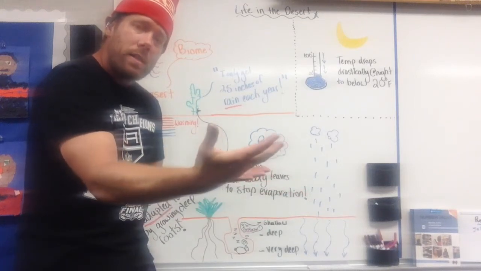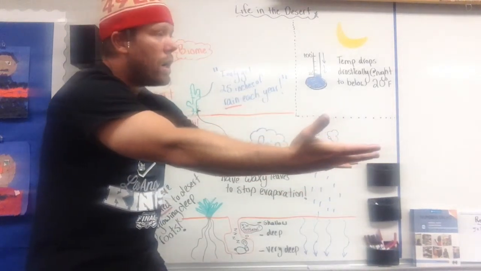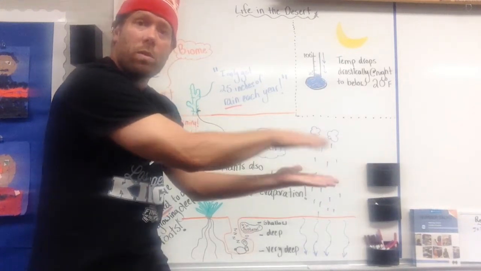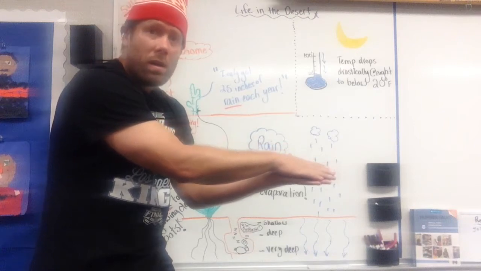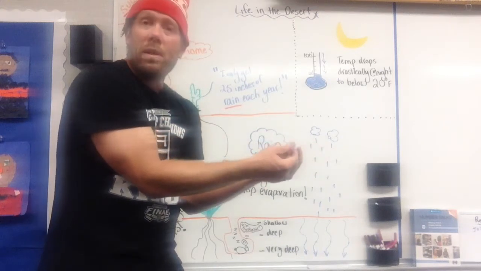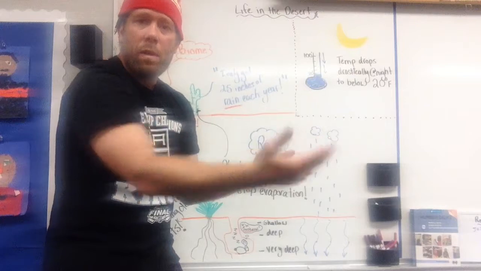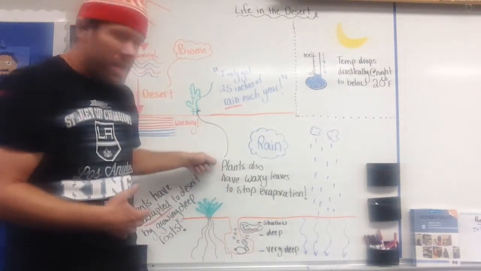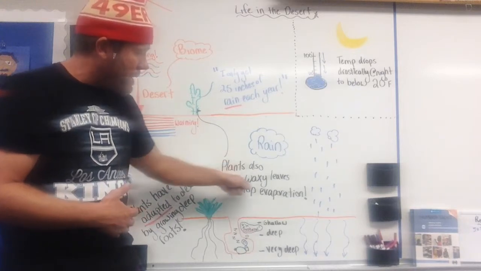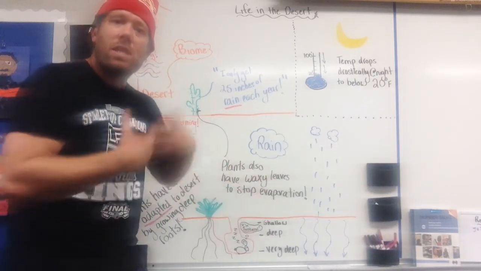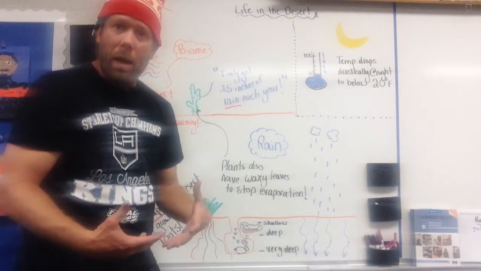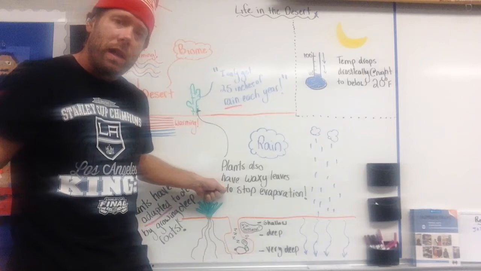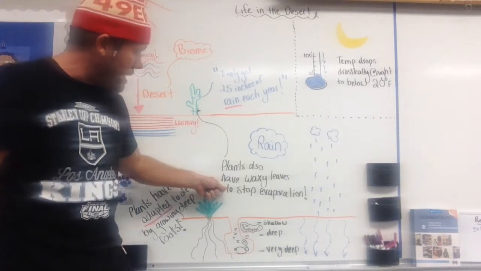We put the two paper towels in the sun, and we realized that at the end of the day, the paper towel that was covered with wax paper was much more wet than the paper towel that was not covered. So what we realized is plants are kind of the same way. Because plants have waxy leaves, it stops the water from evaporating from that plant, so they're able to survive in the desert much longer. Okay, so that's one adaptation, the waxy leaves.